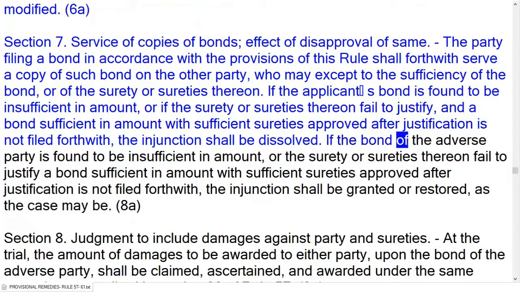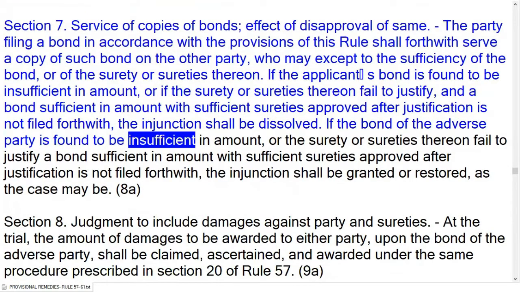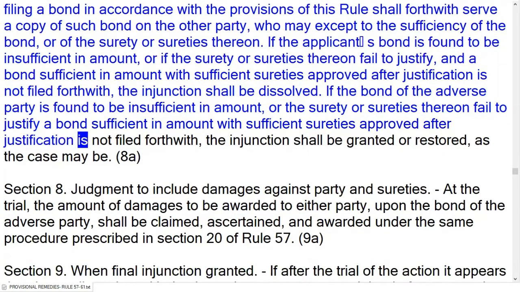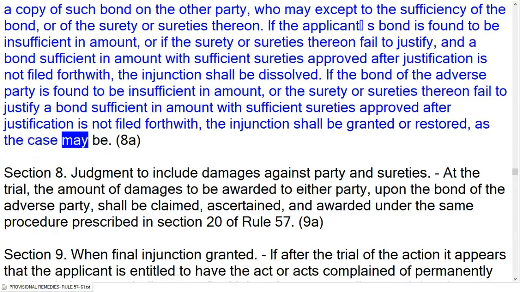If the bond of the adverse party is found to be insufficient in amount, or the surety or sureties thereon fail to justify a bond sufficient in amount with sufficient sureties approved after justification is not filed forthwith, the injunction shall be granted or restored, as the case may be.